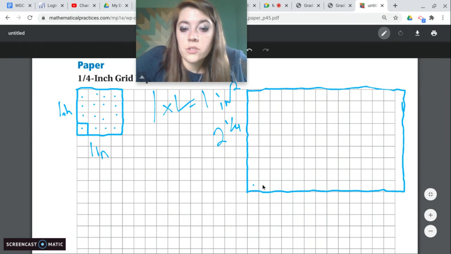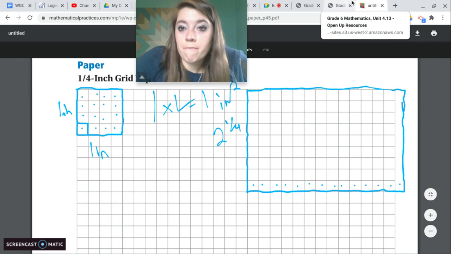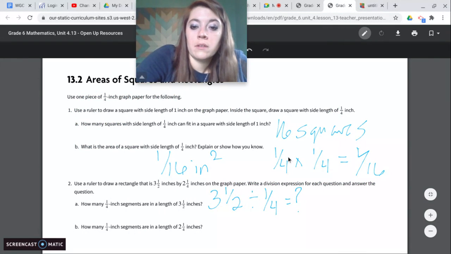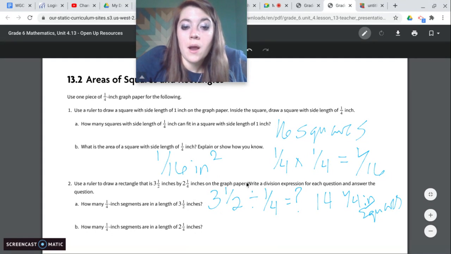So 1, 2, 3, 4, 5, 6, 7, 8, 9, 10, 11, 12, 13, 14. So it's going to be 14 1/4 inch squares. And you would have got the same answer by doing same times flip here.